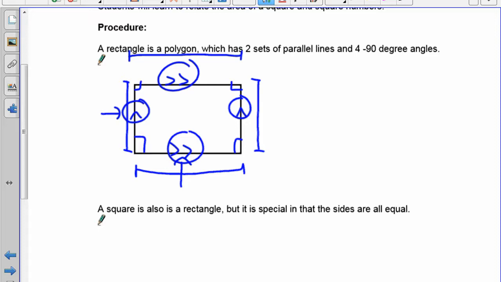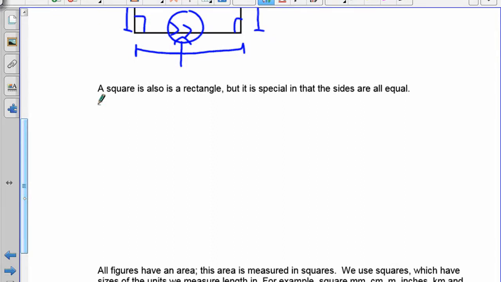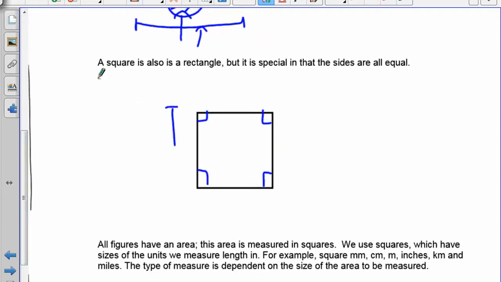Now a square is also a rectangle, but it's a special rectangle. In a square, we still have the four 90-degree angles, but whereas in the first one you saw this side here and this side here being different lengths, in a square this length and this length are the same.